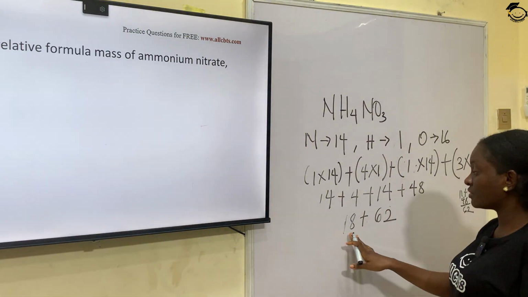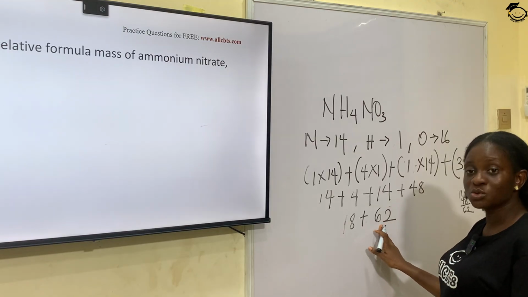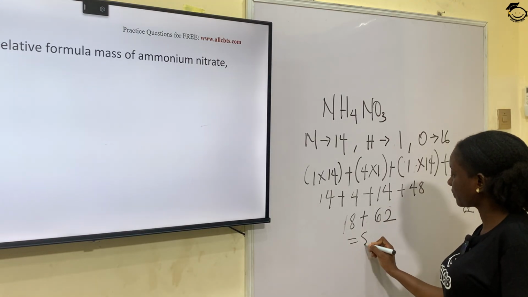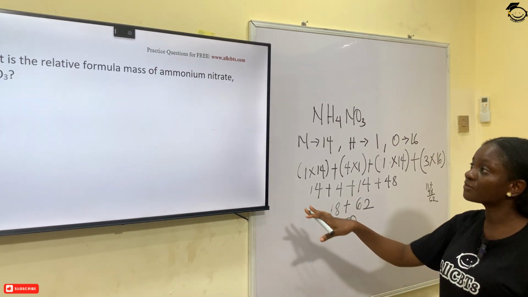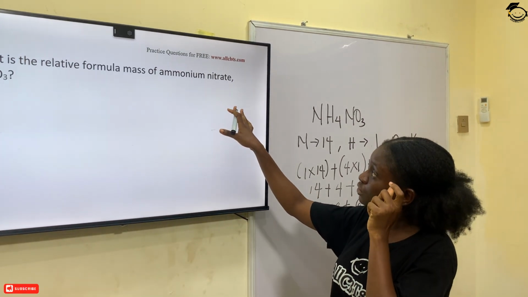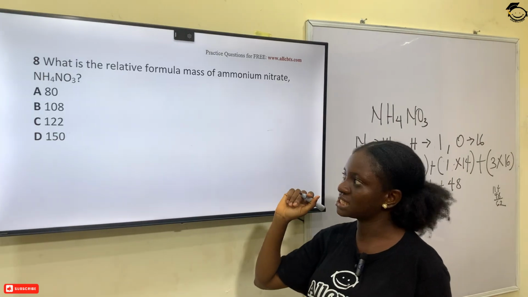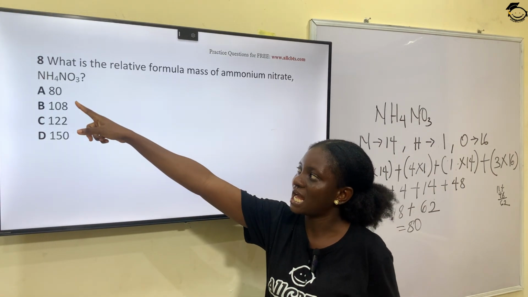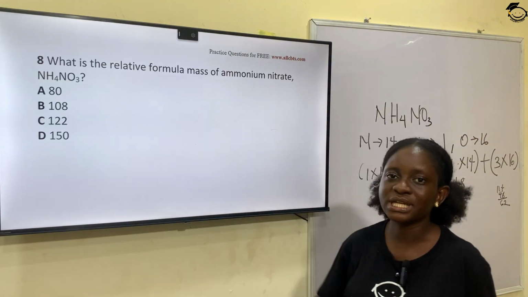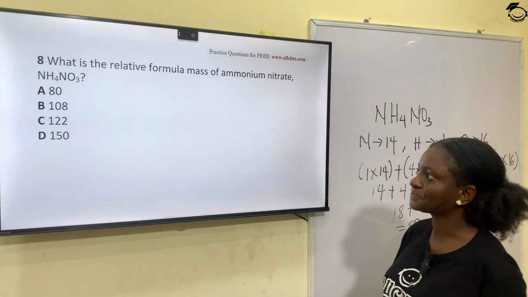So the addition of 18 plus 62, that's 80. So the relative formula mass of ammonium nitrate is 80. From the options, we see that option A has 80. So option A is the correct answer.